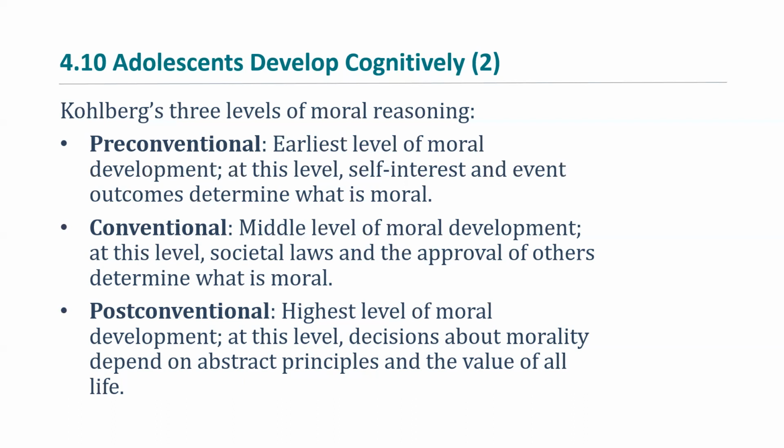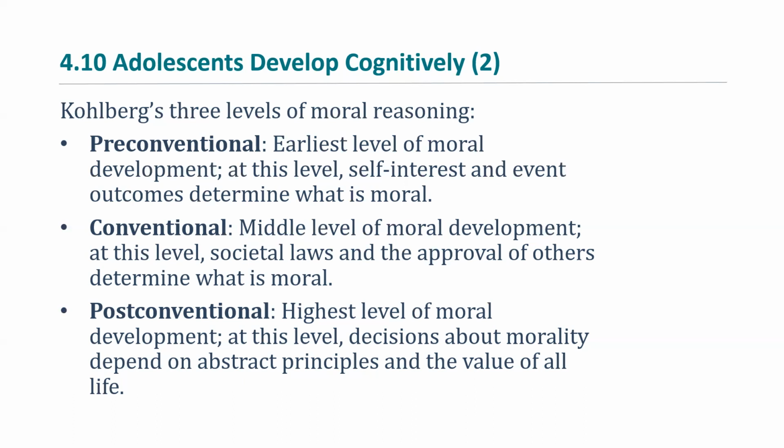So laws are really important at this level. If something's against the law, then it's wrong. If there's not a rule or a law against it, then it's okay, or it's a good behavior. And so during the conventional level we try to follow the rules of society.